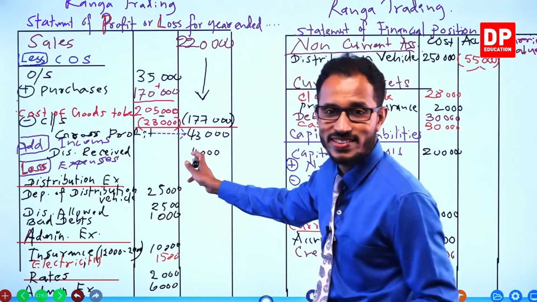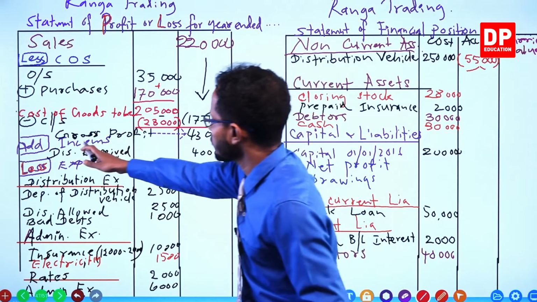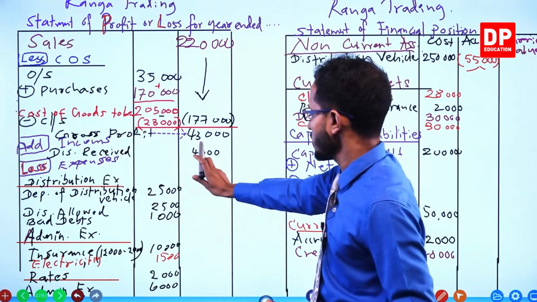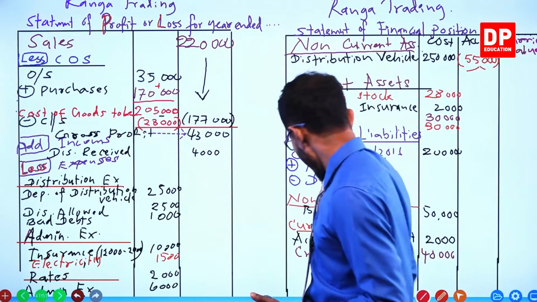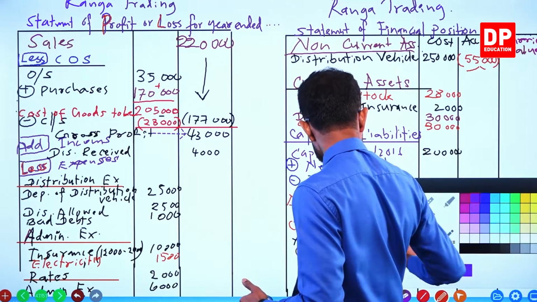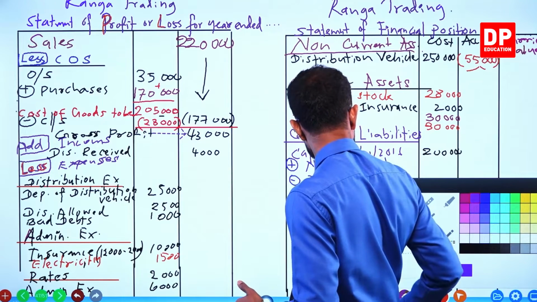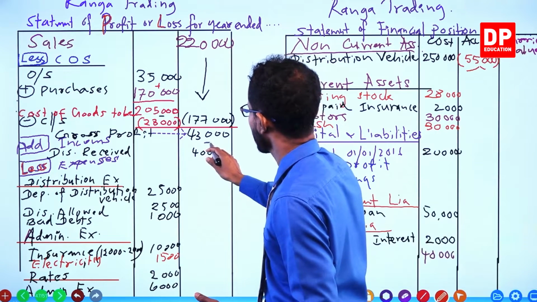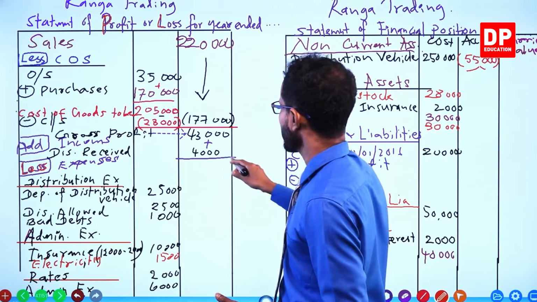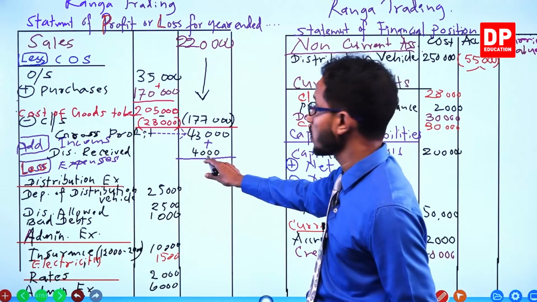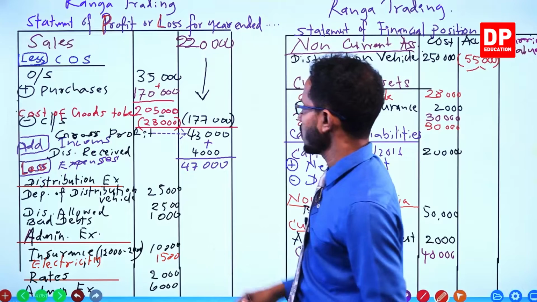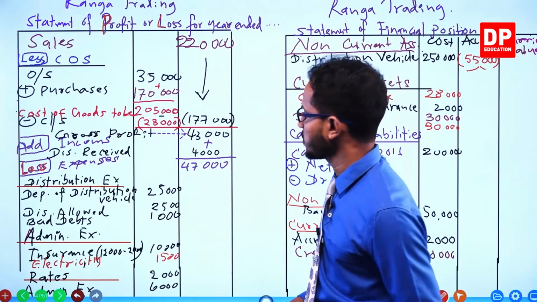Gross profit 43,000. To that we must add incomes. We have one income, and that is this discount received. Add it. 43,000 plus 4,000, 47,000.